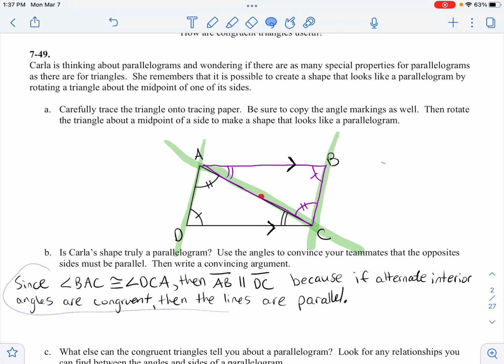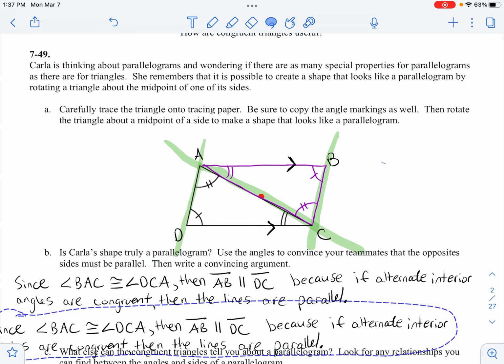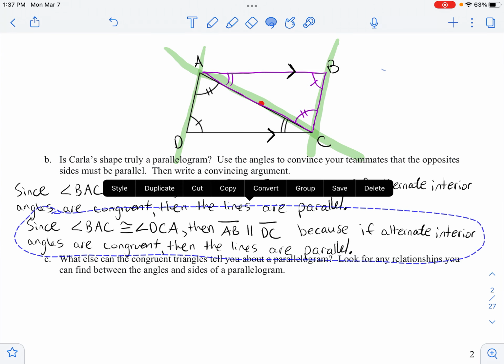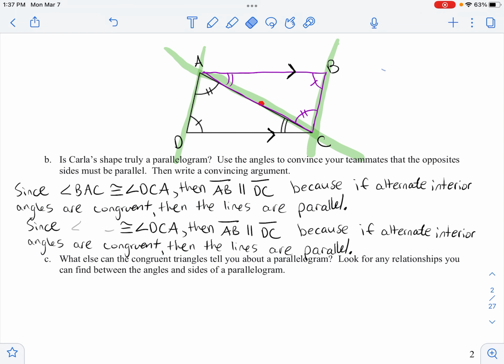If you've got the Notability, you can probably just copy that statement and paste it, but we're just going to change a few things here because we're proving different lines parallel because of different angles. So I'm going to erase my angles here, and then the lines that I'm proving to be parallel.